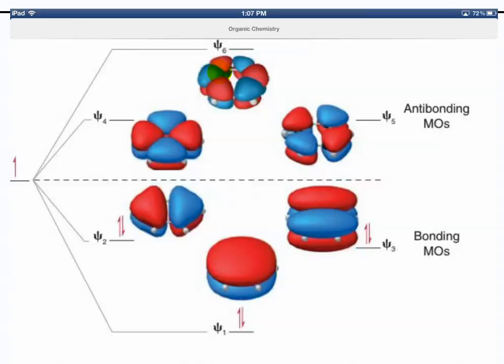And since we have 6 electrons, we fill these bonding molecular orbitals, and we leave these anti-bonding molecular orbitals empty. And that perfect separation, where the bonding ones are all full and the anti-bonding ones are all empty, leads to this special stability. And we can actually define where we see this special thing, and this is known as Hückel's Rule.